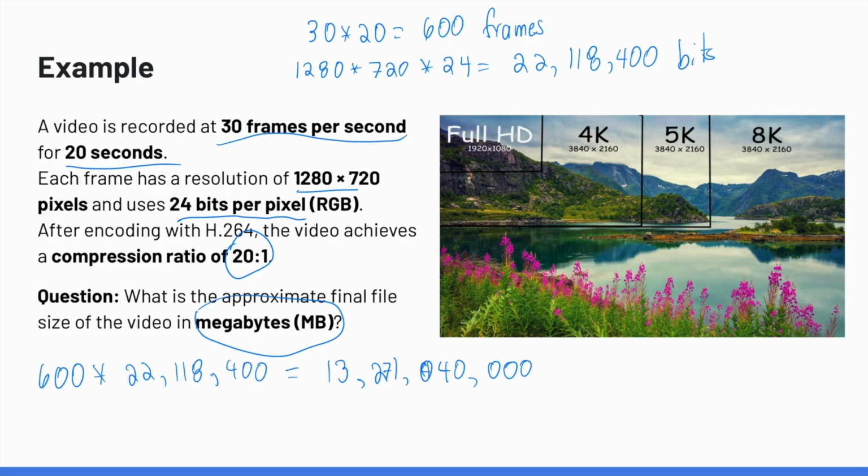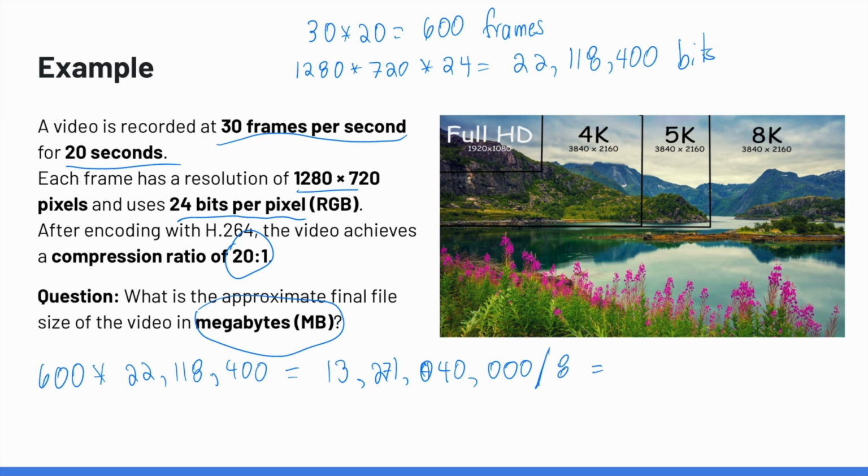And remember, we're going to compress this. We have a compression ratio of 20:1, which means I can just divide this by 20 to get the actual number of bits. But first, probably the easier way to do it is to convert this to bytes. So this is bits, and if we convert this to bytes, we divide by 8 because 8 bits equals 1 byte.